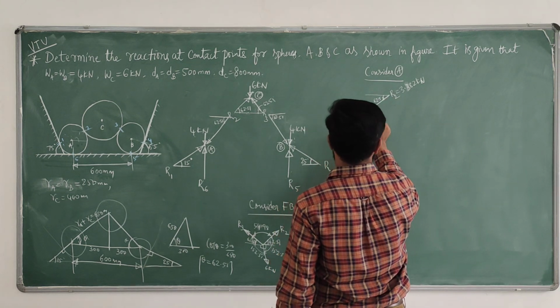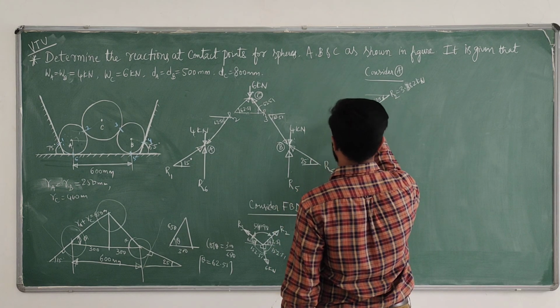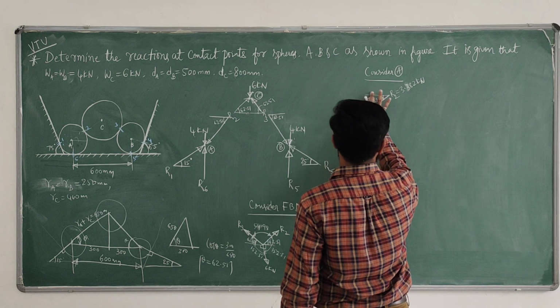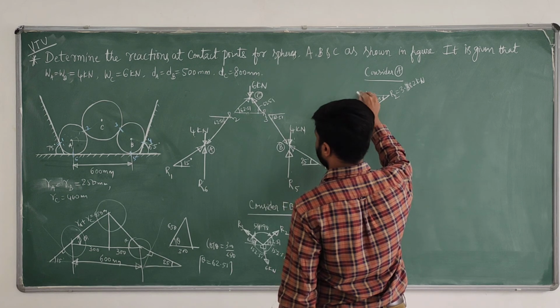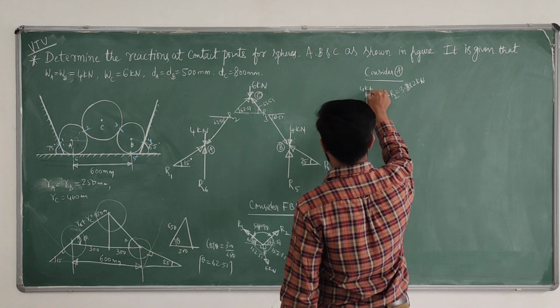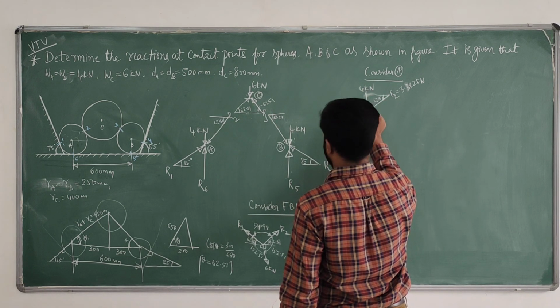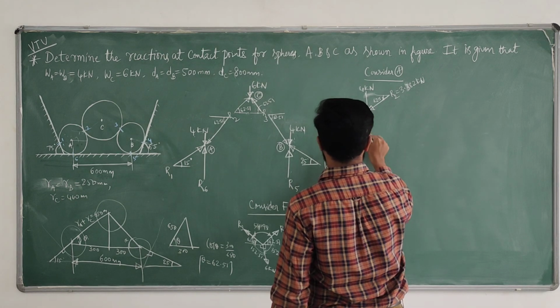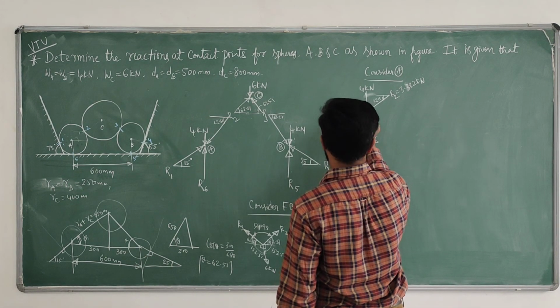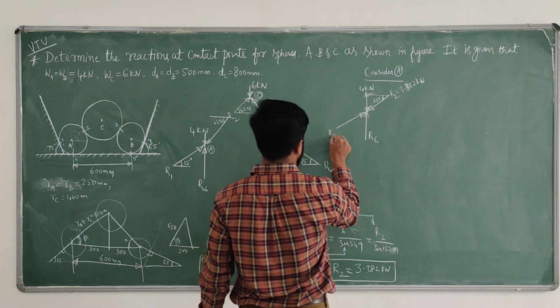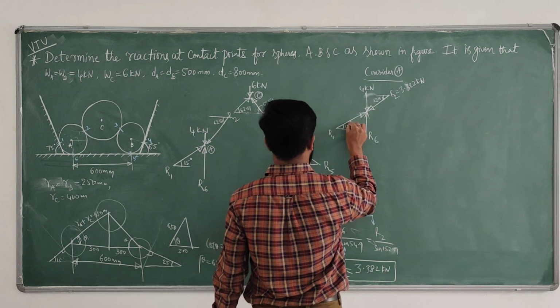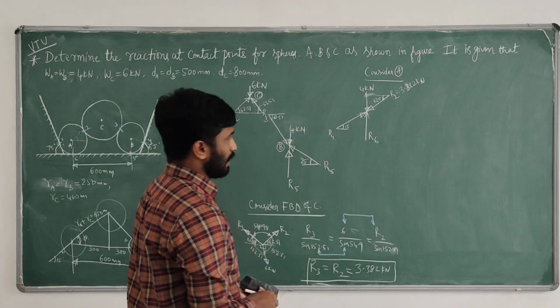And we are having one more force, vertical 4 kilonewton. And here also one more vertical, R6, and one more inclined, R1, at 15 degrees. Now we are having four forces.